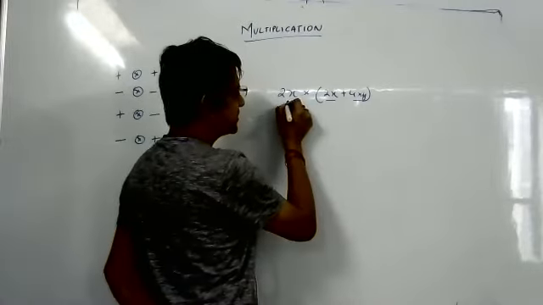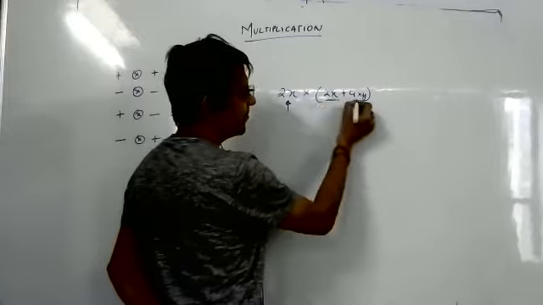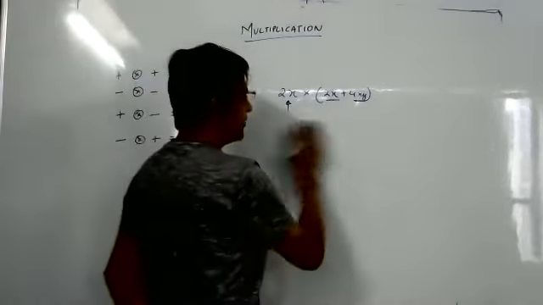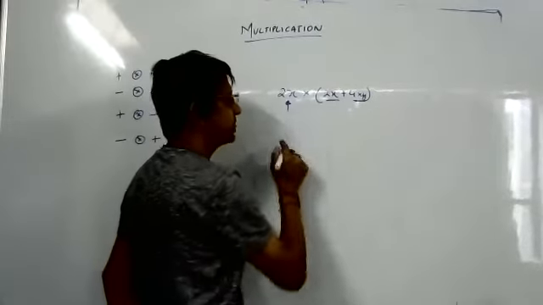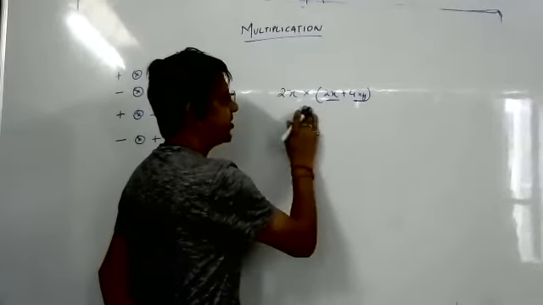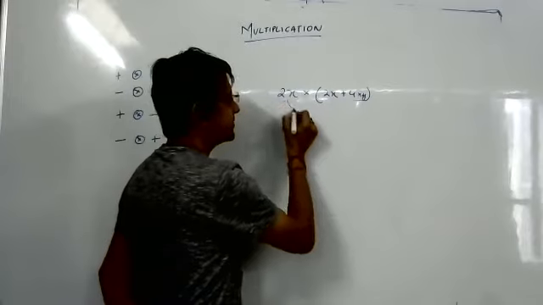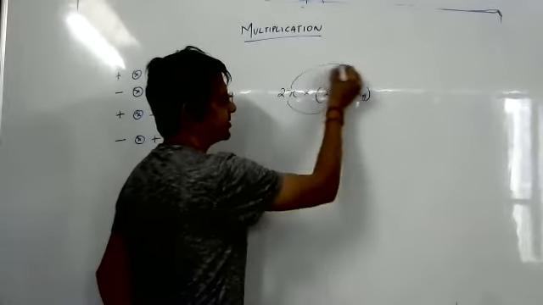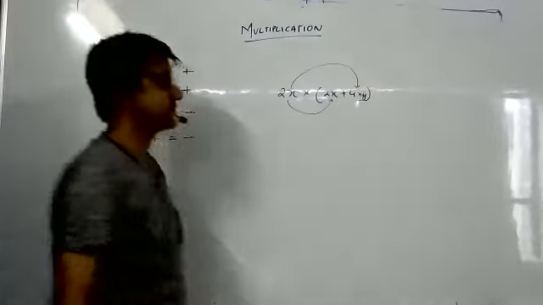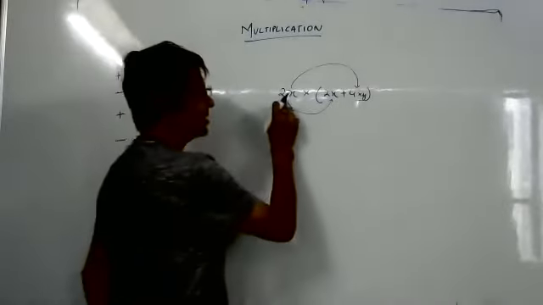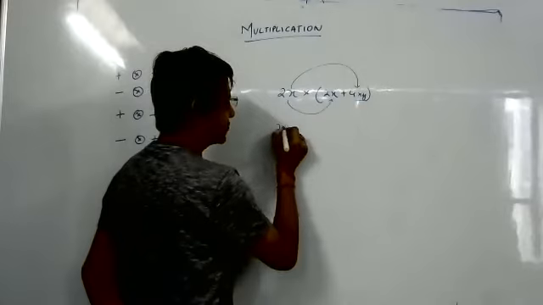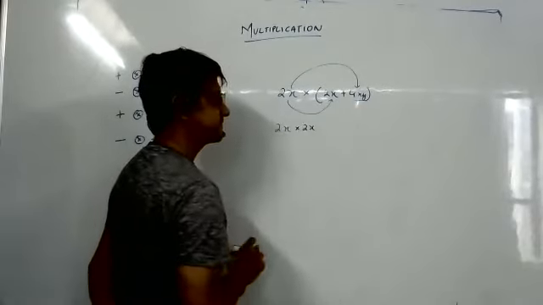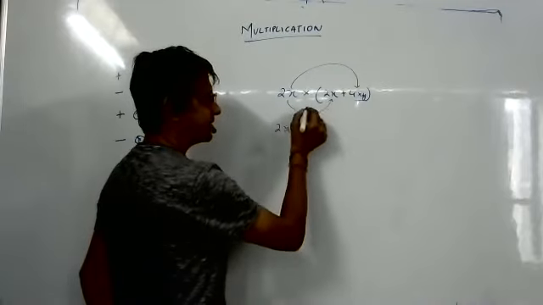So the product is monomial into binomial, correct? In this type of question, first you have to multiply this into this, and then this into this. So to multiply this into this, you can write it as 2x into 2x, correct?